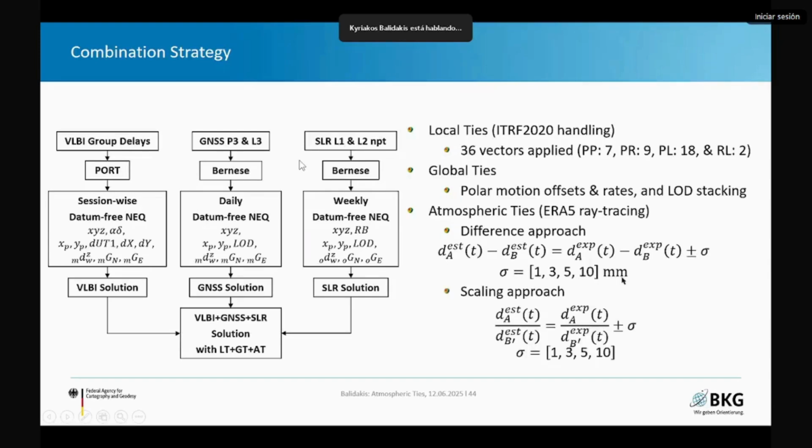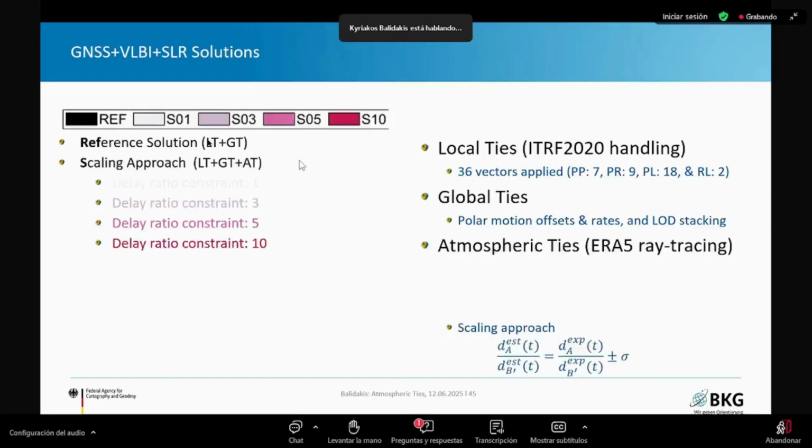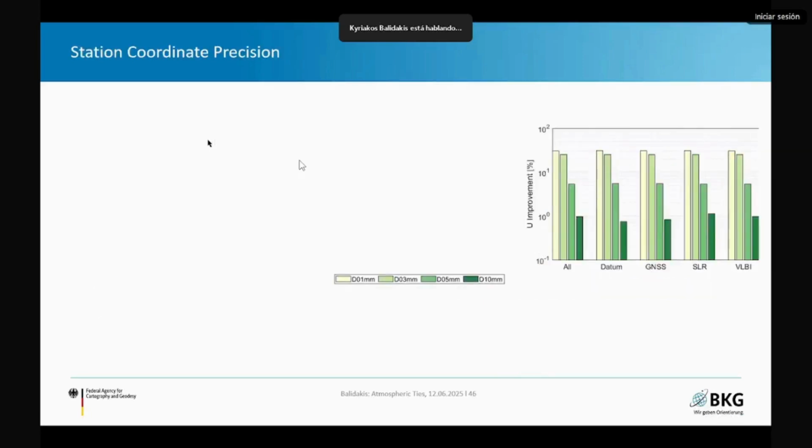And then we did an experiment with the scaling approach: instead of constraining the differences, we constrain the ratios. We did many solutions. We have a reference solution, which is the standard, what is usually done: local and global ties, so station positions and Earth orientation parameters. Then we have the scaling approach, and then we have the difference approach.